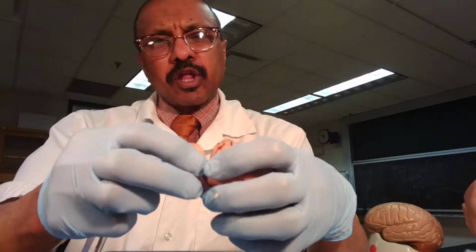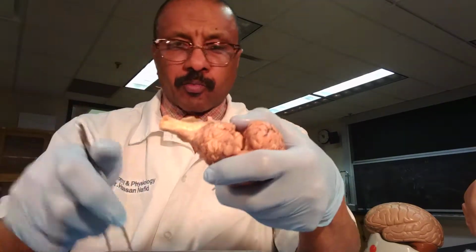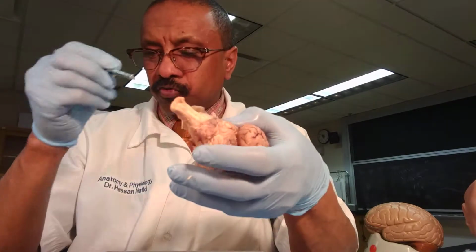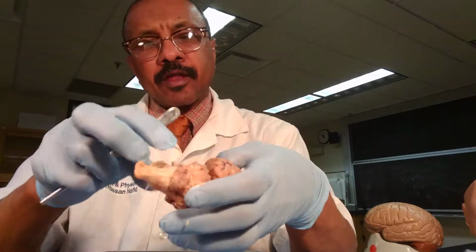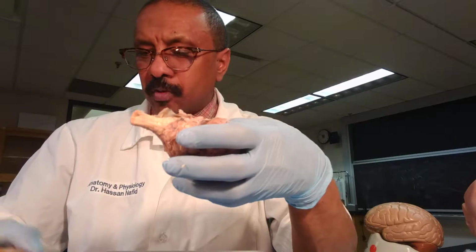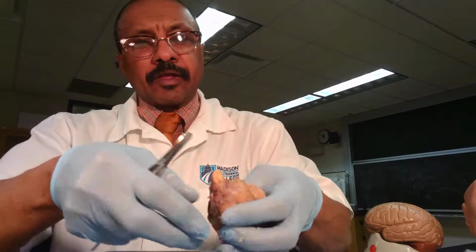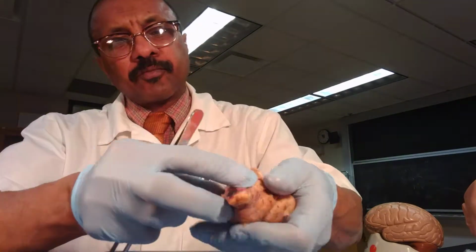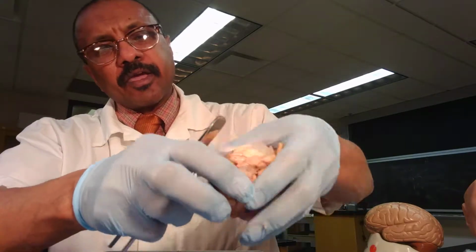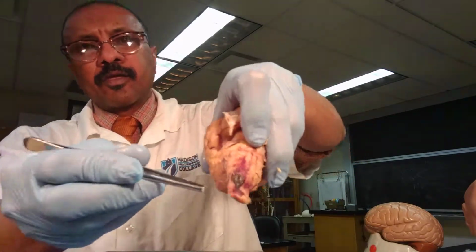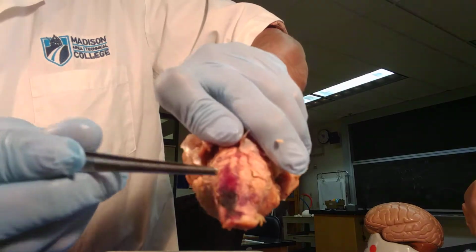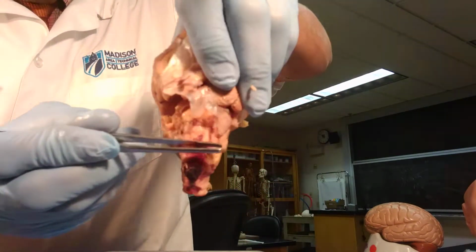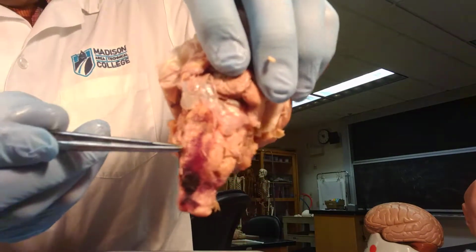I want to show you here the parts of the brain stem before we do the dissection. I'm going to use this brain here that is more obvious to look at these parts. Here is our medulla. This is the medulla oblongata.